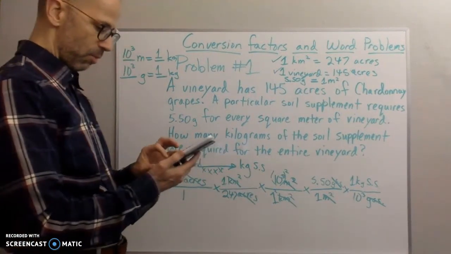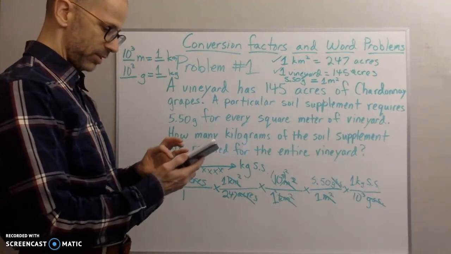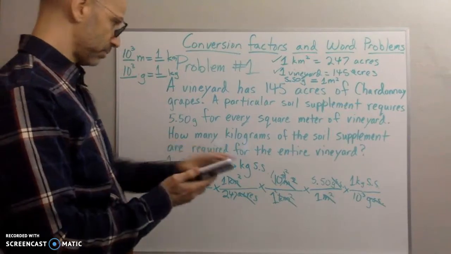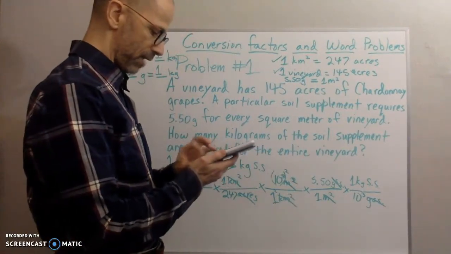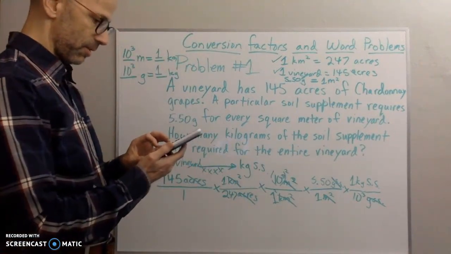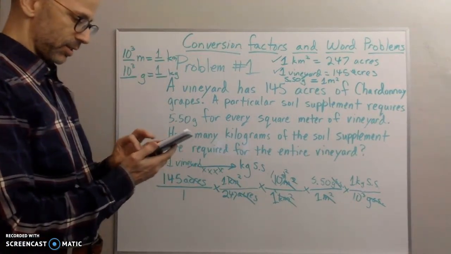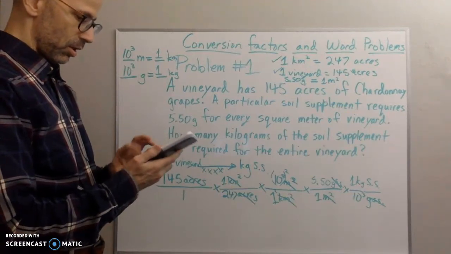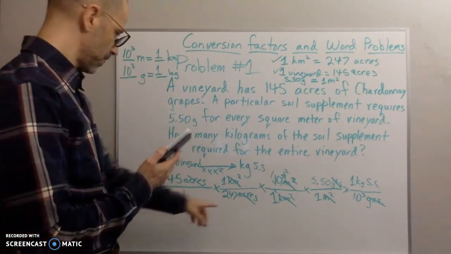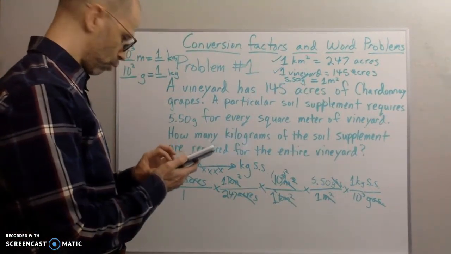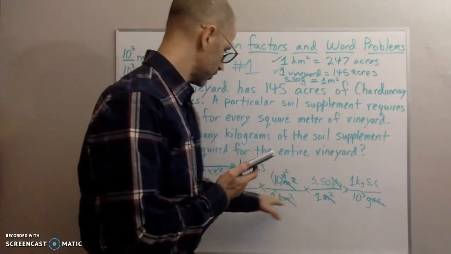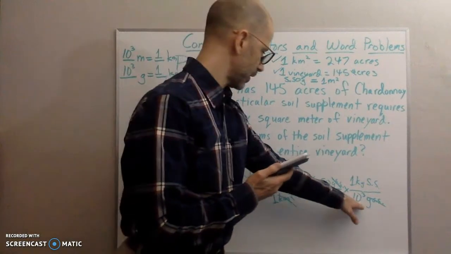So I'm going to multiply by 1,000 twice, times 5.50, and then the 1, so I don't need to worry about the 1. Now I divide by the bottom: 247, and then that's a 1, that's a 1 squared, but it's 1, and then that's 1,000.